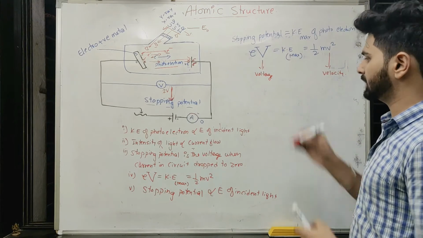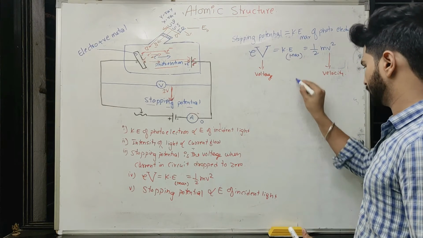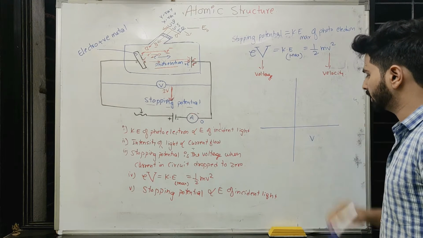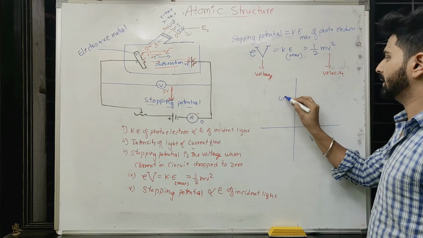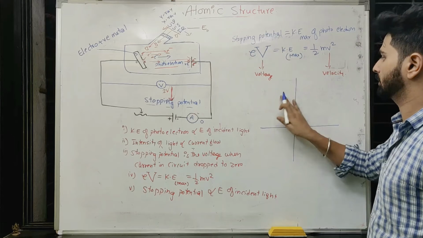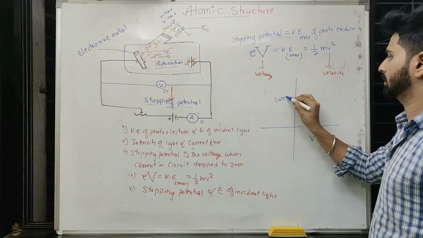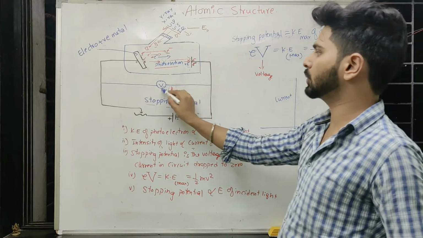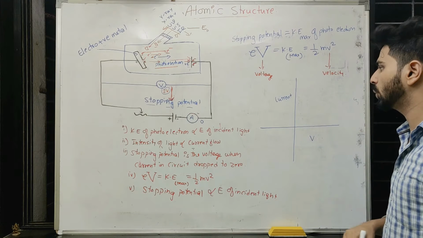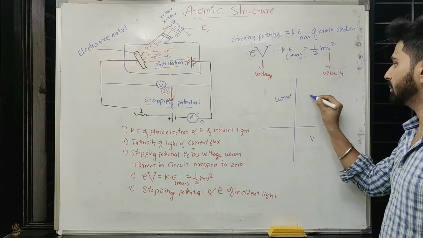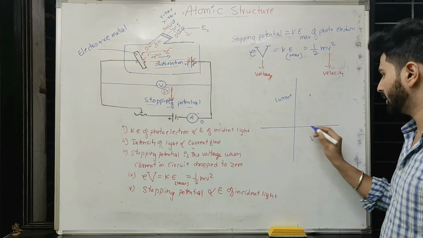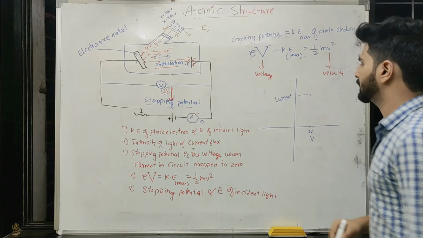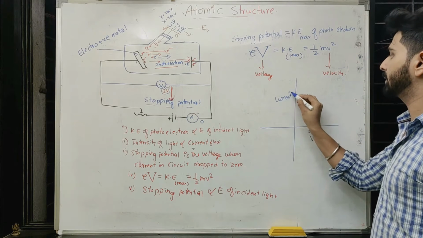So if I see this particular thing on a graph, let us say this is voltage and this is current. There may be some initial voltage, let us say 2 volt, and there was some current, like this is the point where the voltage was 2 and the ammeter showed some value, let us say 10 ampere.